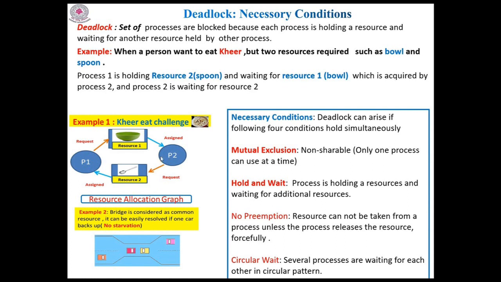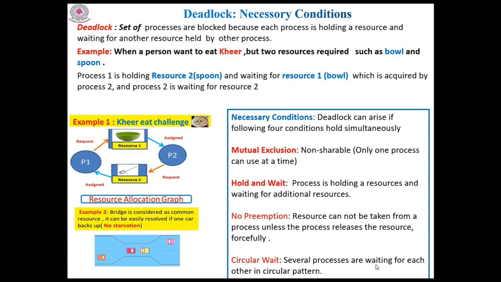But in the present situation, as per the no preemption rule, even if process P1 is holding but not using, process P2 should not take it from P1 until P1 releases it voluntarily. So this is another kind of problem. What is that problem? Process P2 waits indefinitely, or process P1 also waits indefinitely. These are issues we will discuss in future videos.